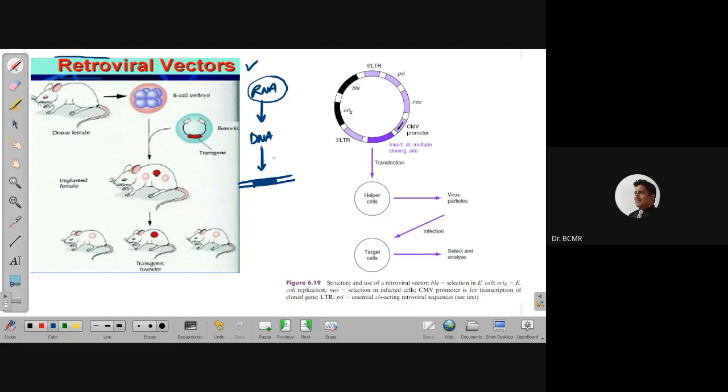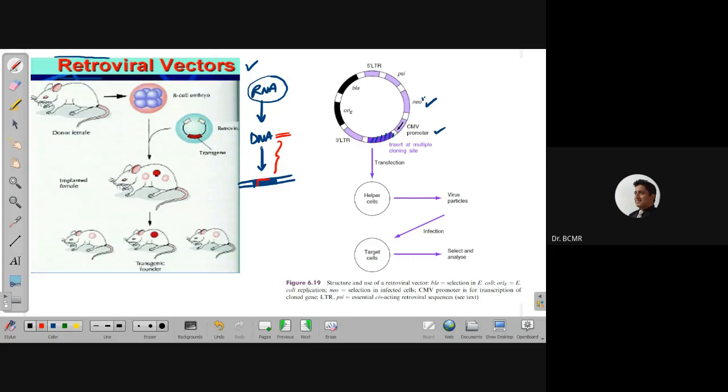I hope you will be able to recollect what is neomycin resistance. It is a resistance gene against neomycin. CMV, cytomegalovirus promoter, is a strong constitutive promoter. One can put in the gene of interest in the multiple cloning site, this one. And there are two things important for integration of this double-stranded DNA into the genome, right?